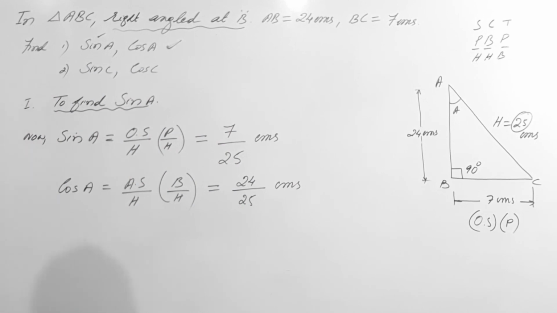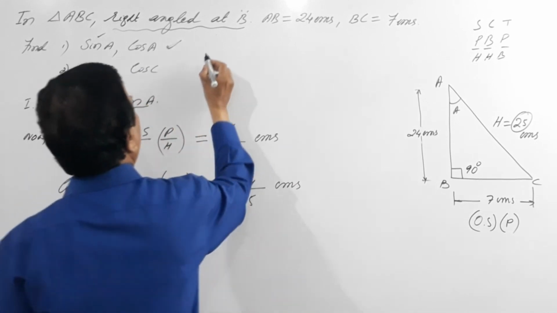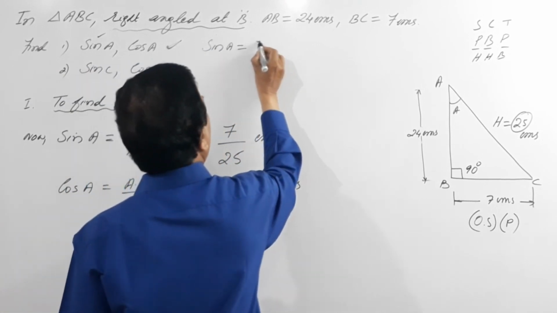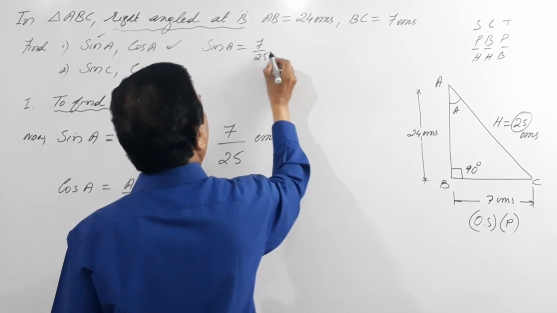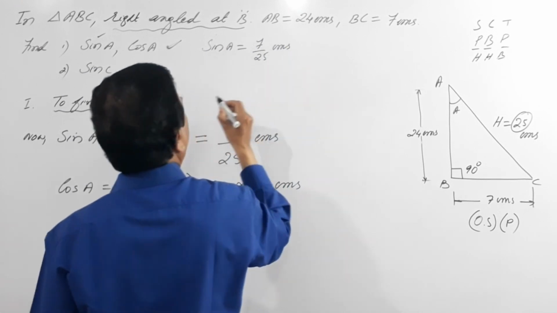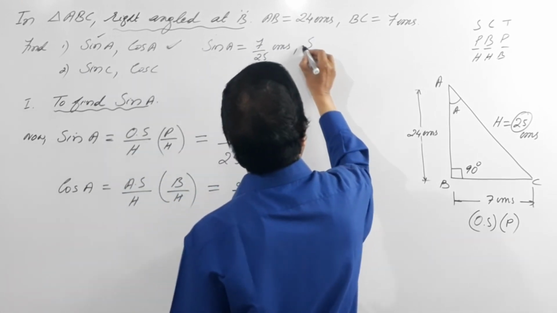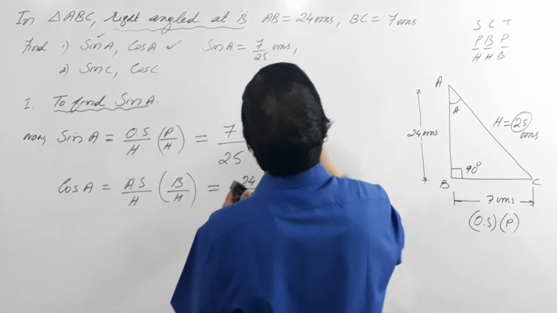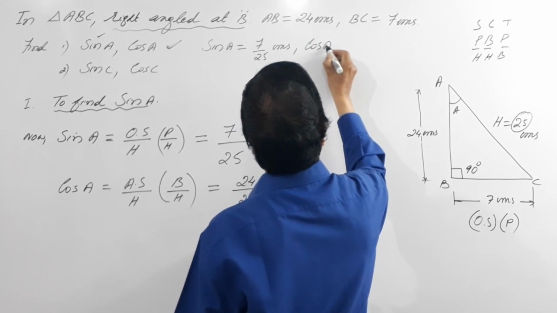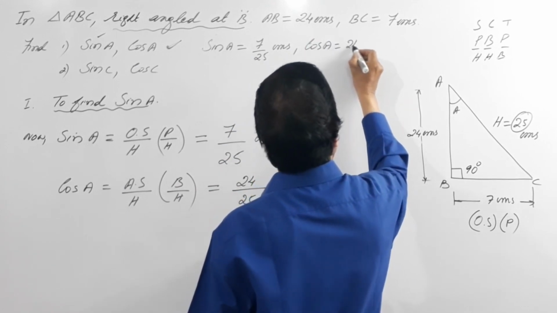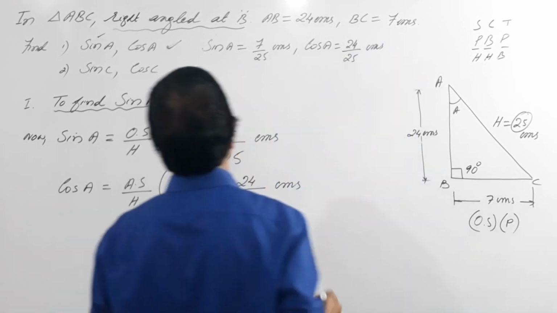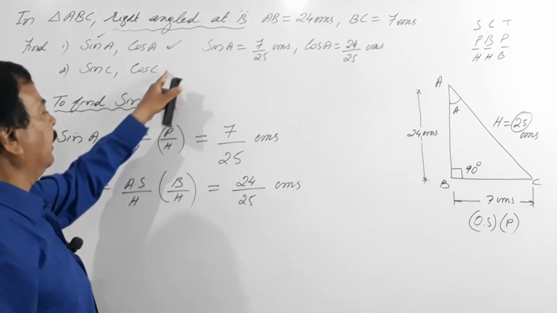Done. So here sin A equals 7 by 25 centimeters and cos A equals 24 by 25 centimeters. Now we will find cos C.